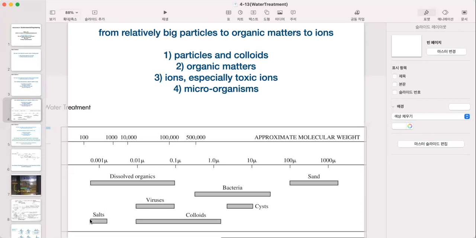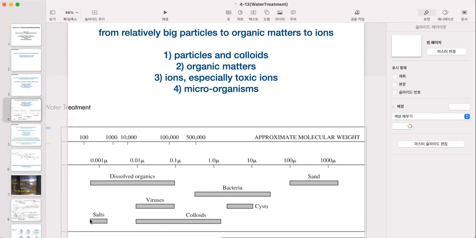And finally, we have salt, sodium and chloride. Sodium, Na plus, chloride ion, Cl minus. Mostly with seawater, we have a high amount, tens of thousands, a couple of thousand milligrams per liter, ppm levels, of sodium and chloride. We cannot drink it.